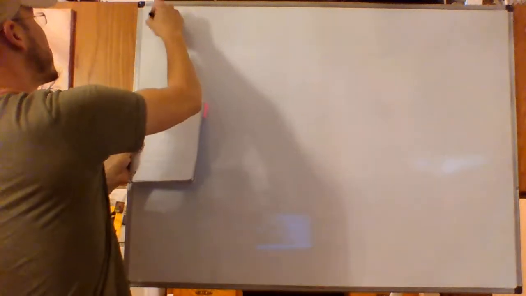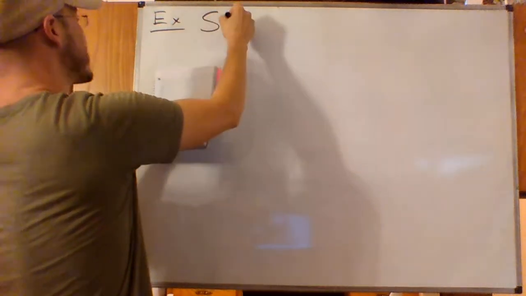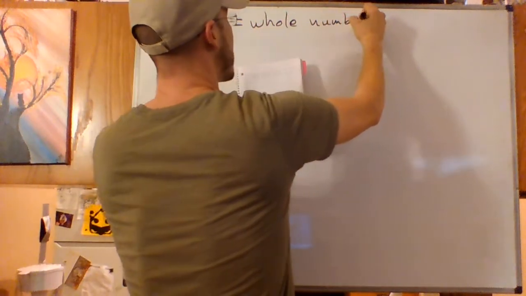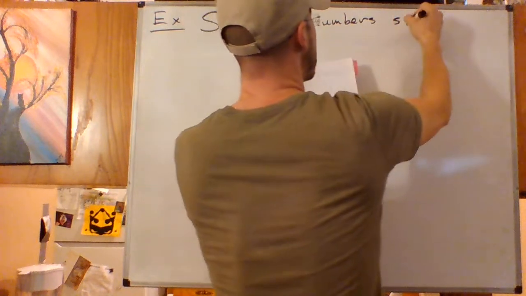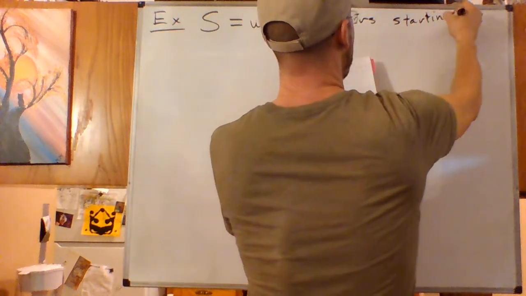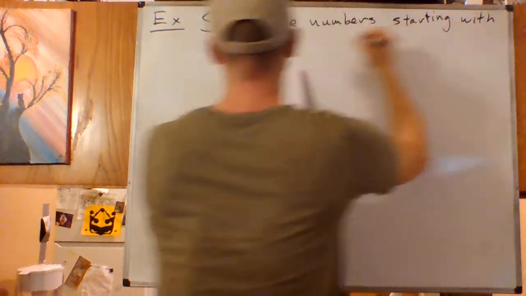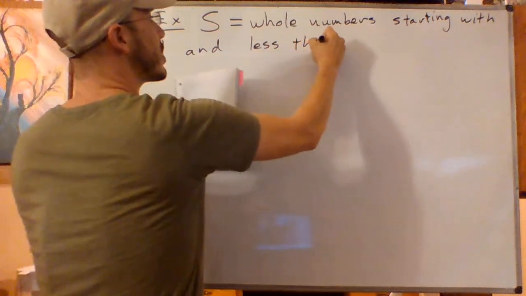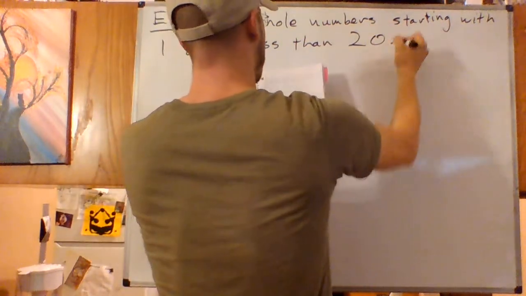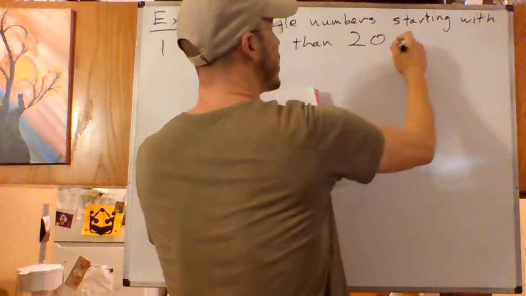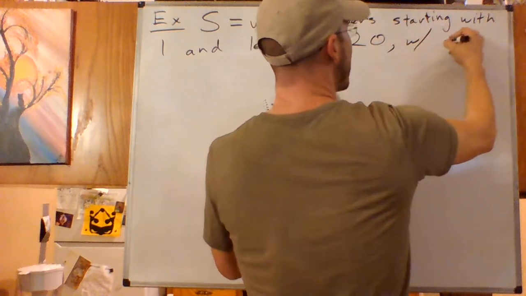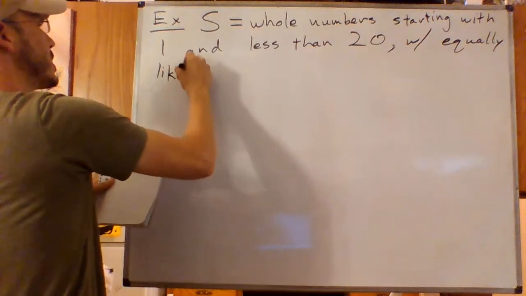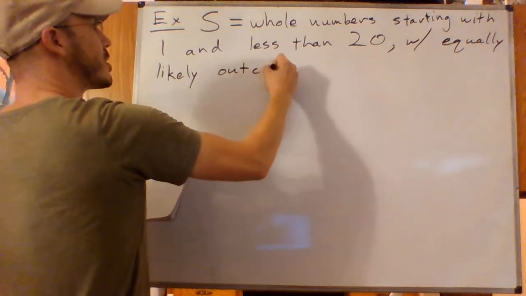In this example, S is equal to the whole numbers starting with 1 and less than 20, with equally likely outcomes.